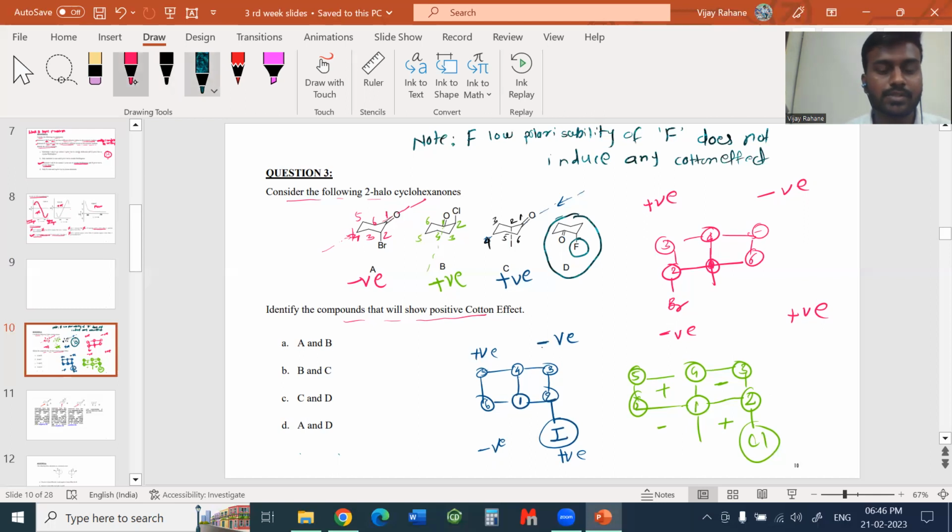Always keep this in mind. Otherwise, you will make a mistake because of this fluorine atom.